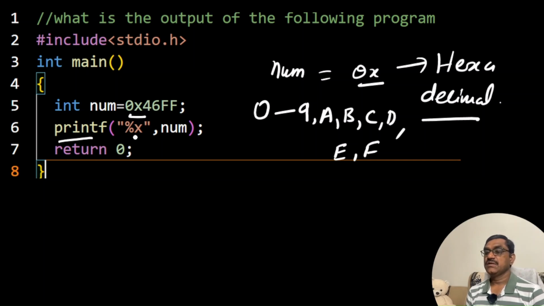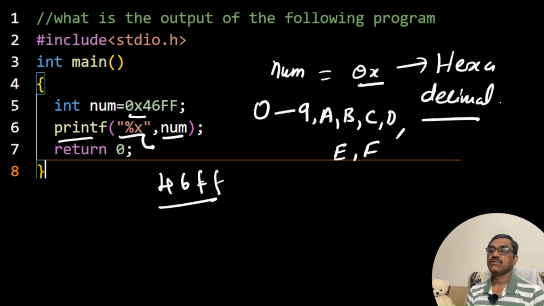Now we are printing with a small x, percentage x, number. When you print number like this, we get the output 46 small f, small f. We are giving the input in the form of hexadecimal and we are printing the value again in hexadecimal. But you have given FF in capital letters, and we are getting it small. If you give small also, we are getting only small.